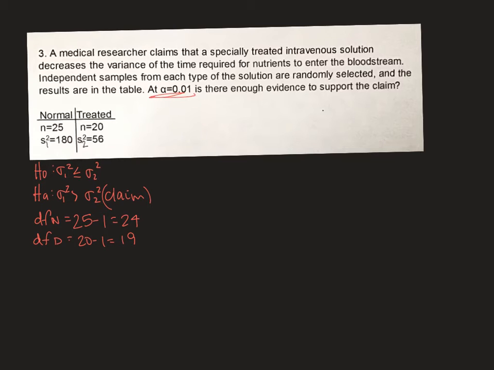So we're going to the page where alpha is 0.01, which is page A21. We're going over to 24 for the numerator degree of freedom and 19 for the denominator, which is 2.92.